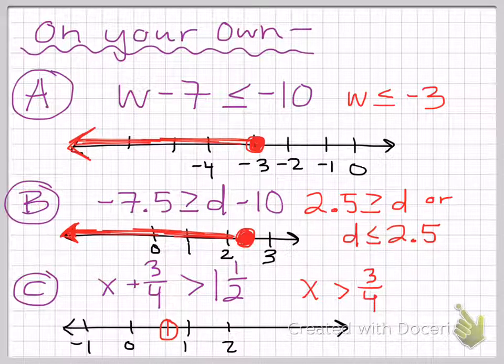It's an open circle because there's no equal to going on. So this is 3/4. And then I'm going to go greater than, so I'm going to go to the right. Way to go! Let's go ahead and do example 3, and that will conclude your math homework.